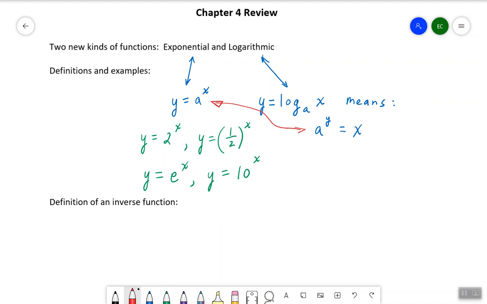And so when we compare these two, we see that the difference between an exponential and a logarithm is that x and y have switched places. And so that's exactly the definition of an inverse function. And that gave us the important observation that the logarithm is the inverse of an exponential.